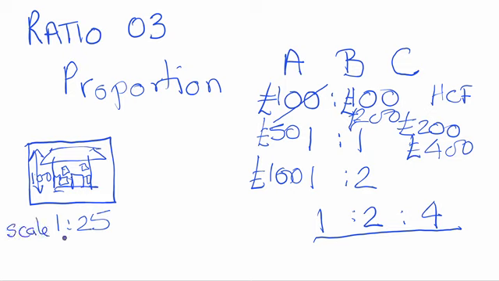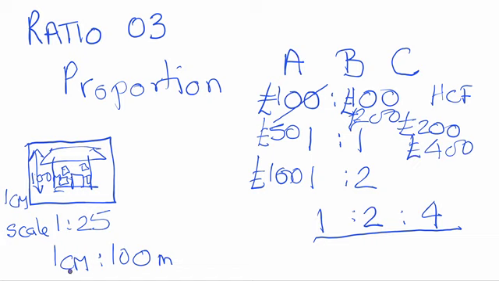And so 100 meters might be represented as, say, 1 centimeter on the scale. So 1 centimeter would be equivalent to 100 meters.